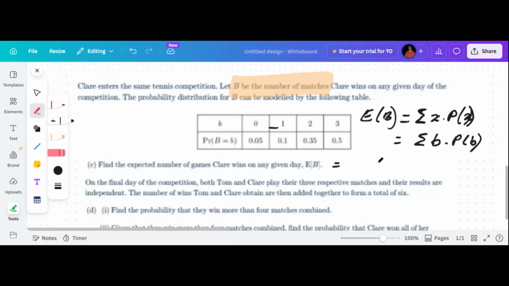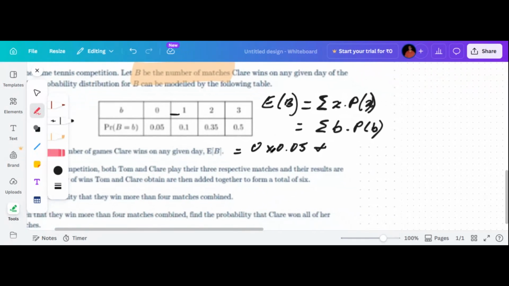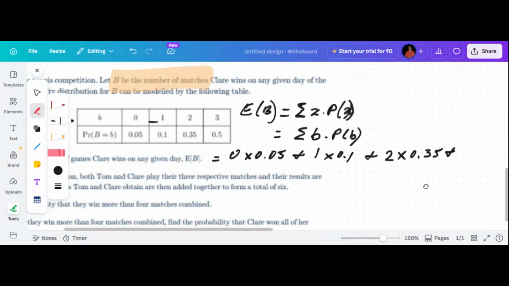So sigma B times P(B) is 0 into 0.05 plus 1 into 0.1, plus 2 into 0.35, plus 3 into 0.5.